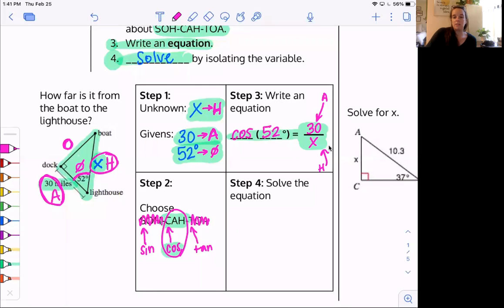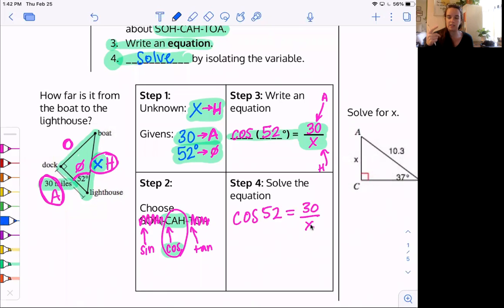So now our job is to solve the equation. I'm going to rewrite it down here. Now I need to solve it and I need to get X by itself. So I need to get X out of this fraction. Right now I have divide by X. What's the opposite of division?